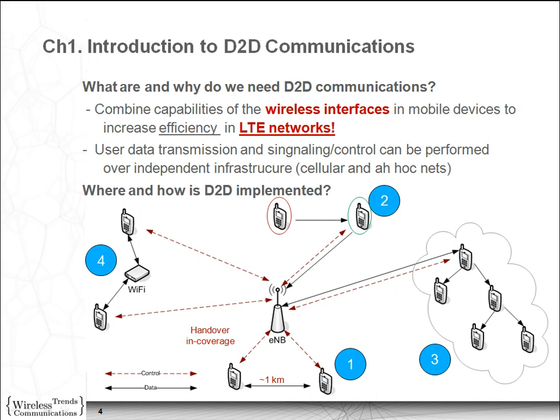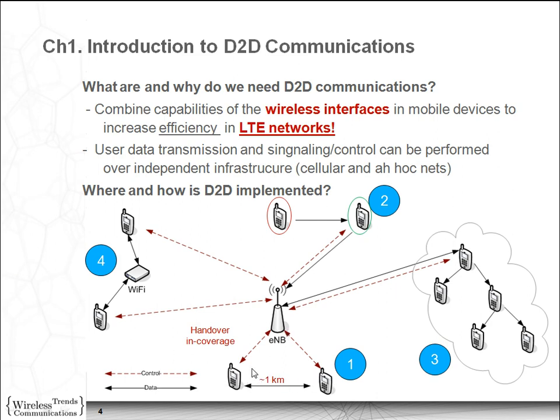So the idea here is that if we have these devices in proximity and they have content to share with each other, then we can take the control information handled by the LTE network, but the data plane or the content can be actually handed over from the eNodeB to the devices themselves.